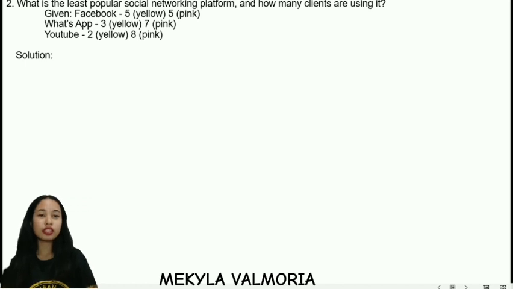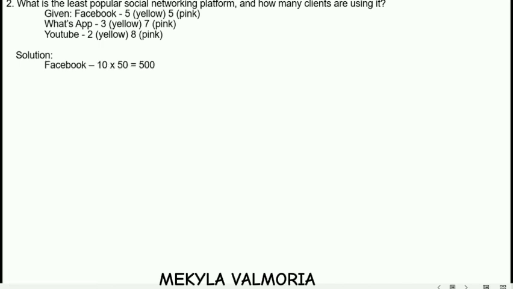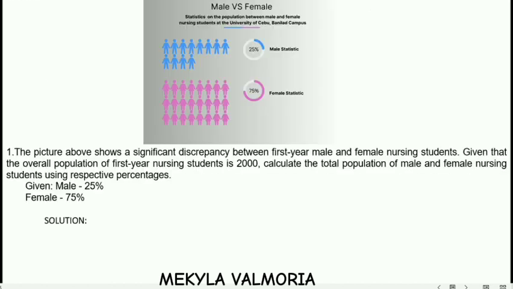What is the least popular social networking platform and how many clients are using it? So Facebook is equal to 10 times 50, 500, 10 times 30, 300, 10 times 20, 200. So the least popular social networking platform is YouTube with a total of 200 clients.